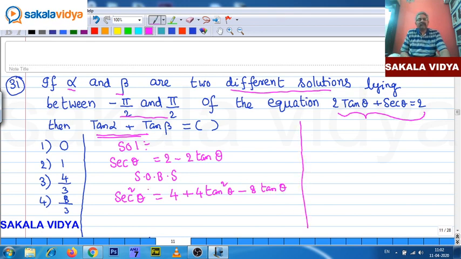Again, this secant square theta we need to change in terms of tan. This can be written 1 plus tan square theta equals 4 tan square theta minus 8 tan theta plus 4. Please check the steps, correct?